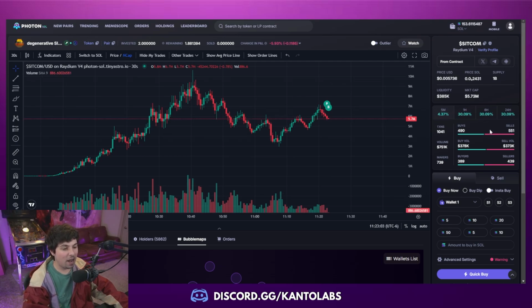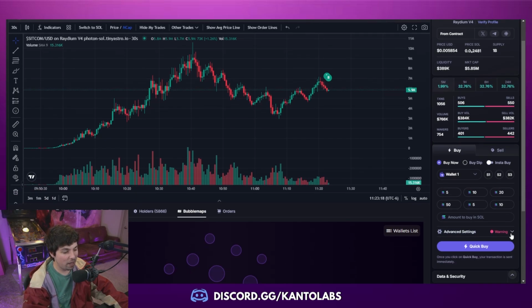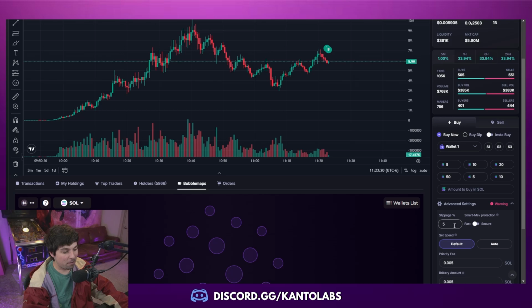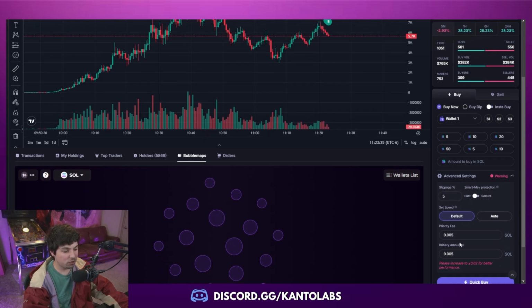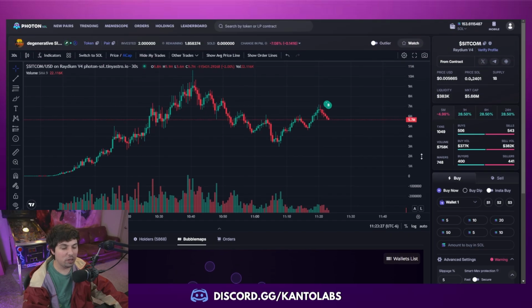So like I said, I think it is up to preference as to how high you want to pump your transactions. If this thing was fluctuating a lot more, I think you would want to have your fees a little bit higher, but it just goes to show that if you are using 5% slippage, you have Mev off, and you're using 0.005, 0.005, you can get your transaction in pretty quick and also didn't get Mev'd either.